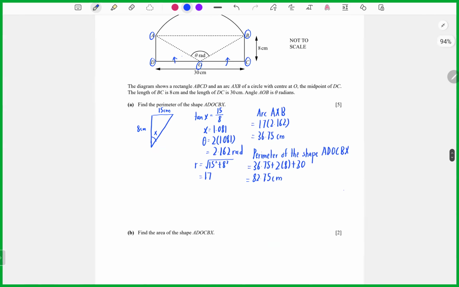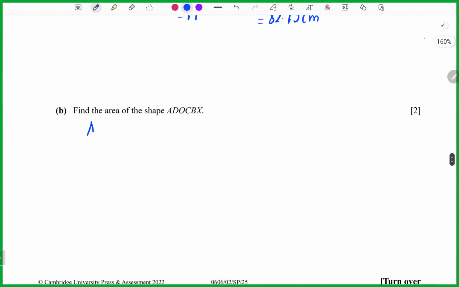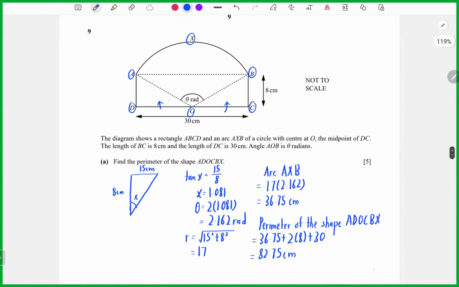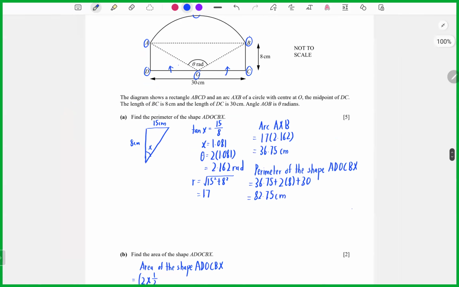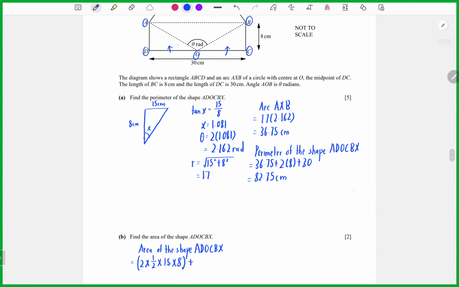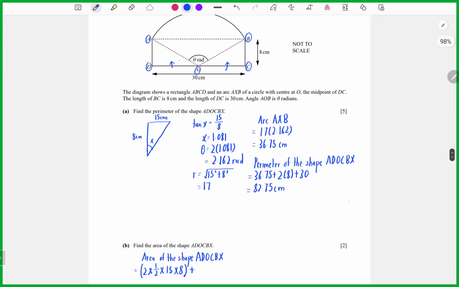Area of the shape ABOCDX equals, we take 2 times 1/2 times 15 times 8, and then plus the sector.